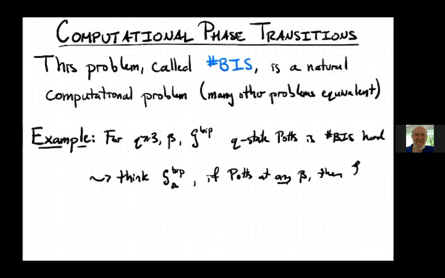Can I ask a question? Of course. Go ahead. When you say compute the partition function, in terms of the free energy, the discontinuity at a phase transition occurs in the derivative of that.